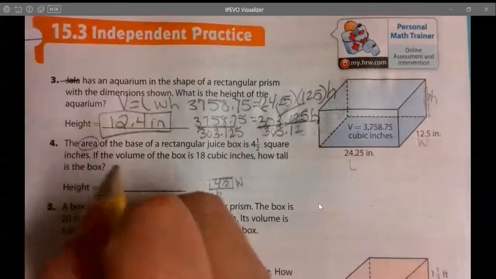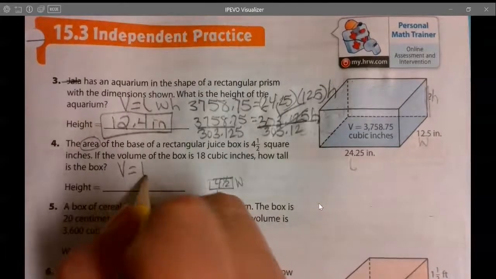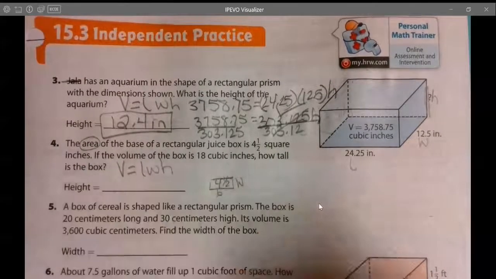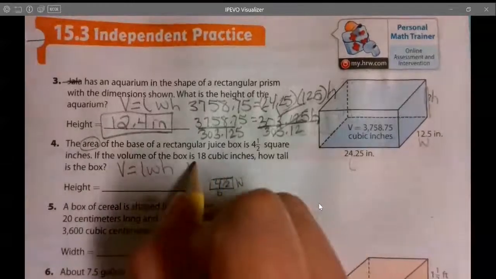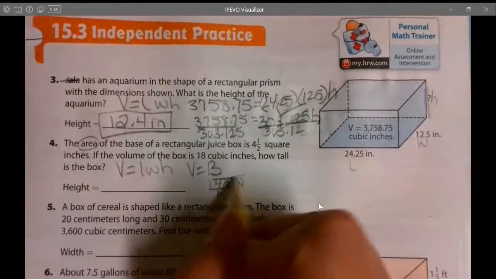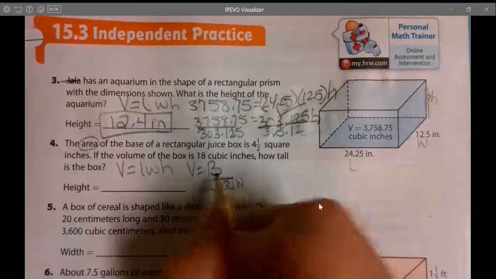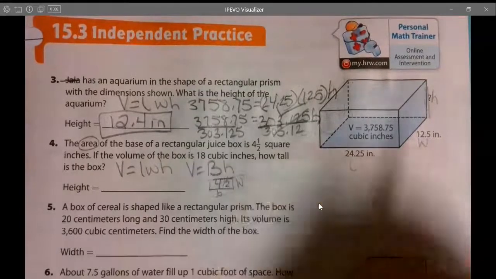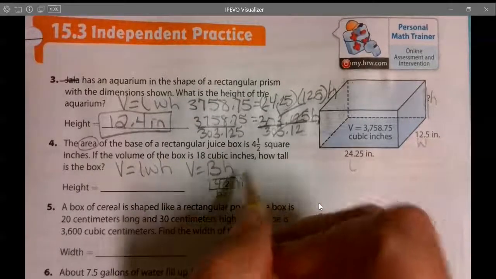So it's basically your volume equals length times width times height, or volume equals capital B means the area times height. They've already done that.